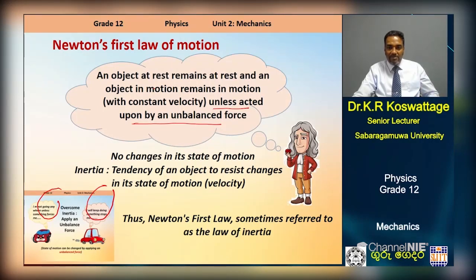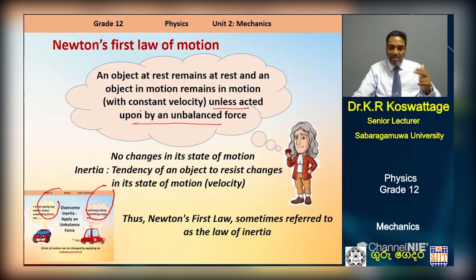Also, if an unbalanced force is not there, then an object at rest keeps in a state of rest. And when the object is in motion, if there is no unbalanced force, the object stays in motion.